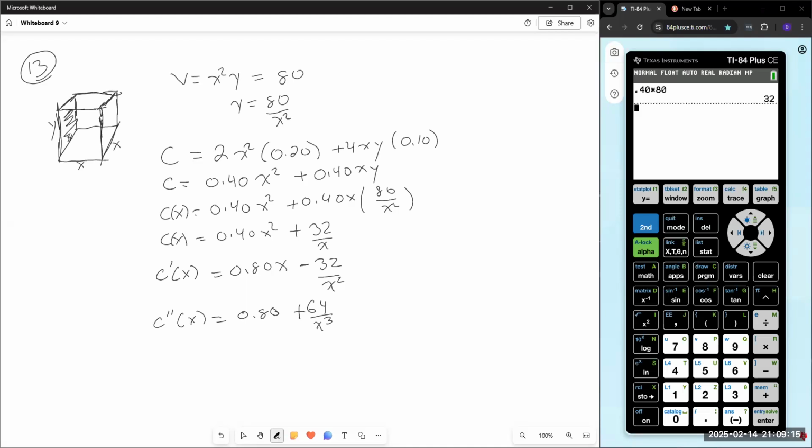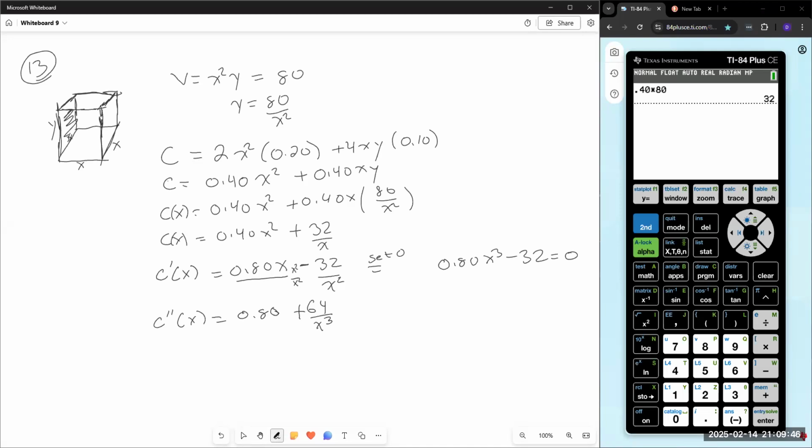So for this critical number, when we set this equal to 0, we have 0.80x cubed minus 32 is equal to 0. How did I get that? I made a common denominator here. And I'm not worried about the x squared being 0 because I don't want x equals 0.